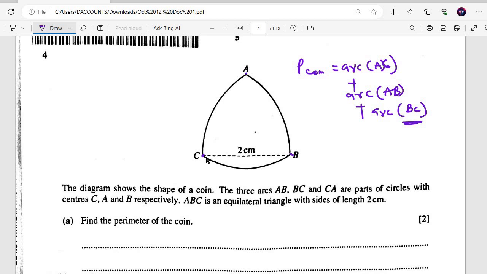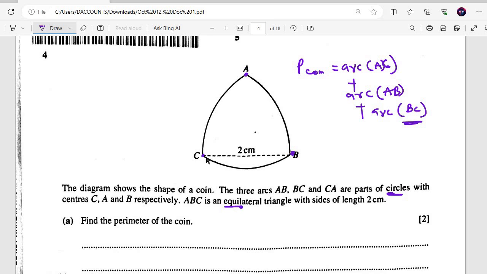Remember the question said the three arcs are part of circles, just an arc of a circle, which means it's not a complete circle, with centers C, A, and B respectively. A the center, B the center, C the center.